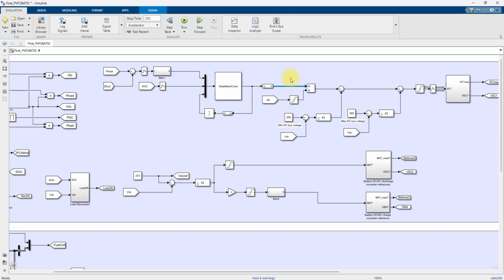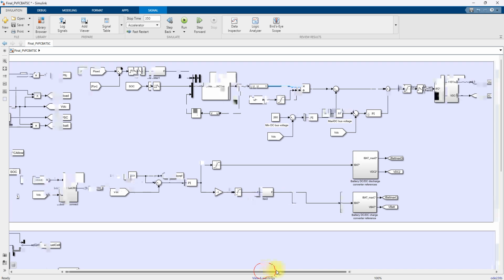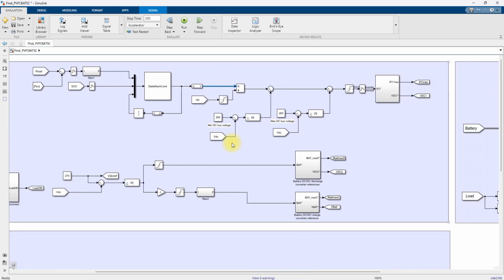So now we have the fuel cell power reference, otherwise called the power command for the fuel cell. That is divided by VFC, and then we get the current.